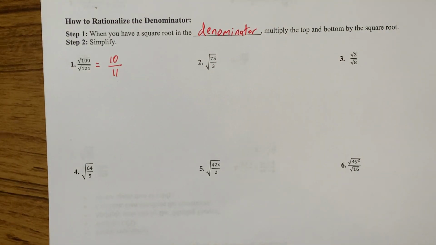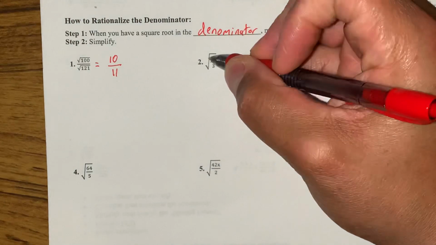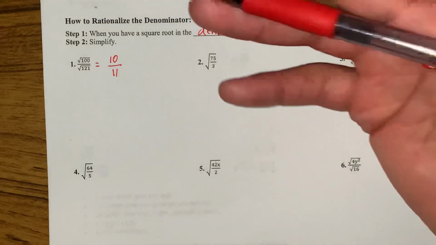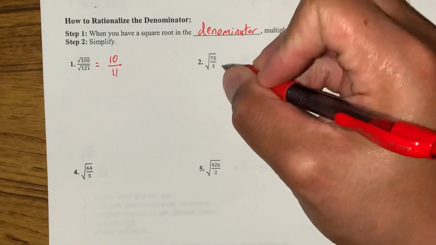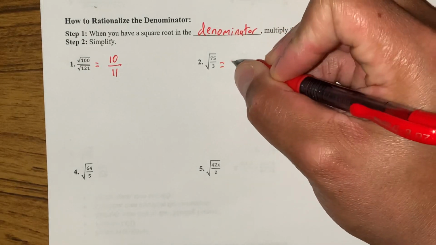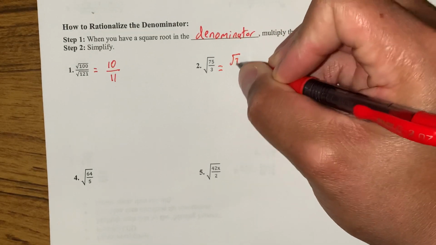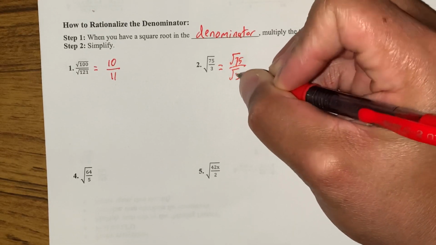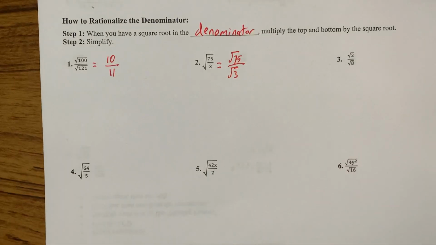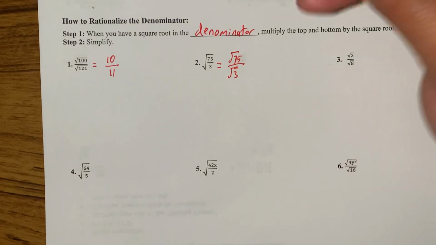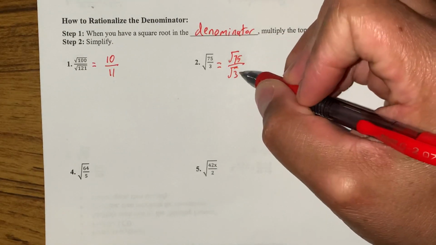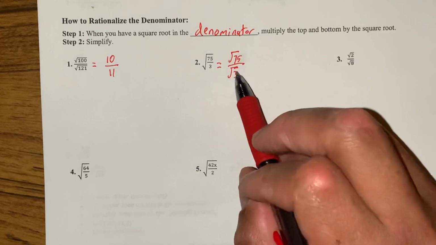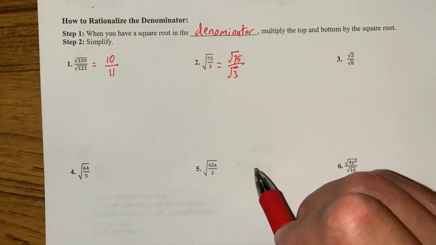Number two is more like a lot of what you're going to see. You've got the square root of 75 over 3. Now, the way I usually do this is I split this up. So I'm going to rewrite this as the square root of 75 over the square root of 3. The reason I do this is because sometimes we can ignore the whole multiply top and bottom part if we simplify the top and bottom first.